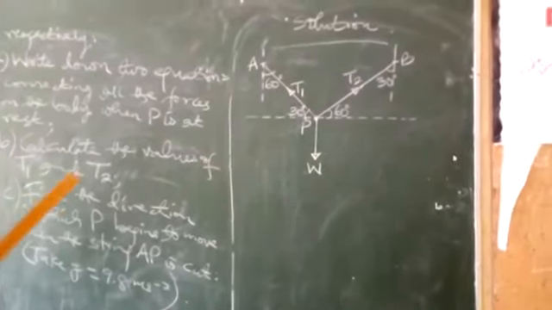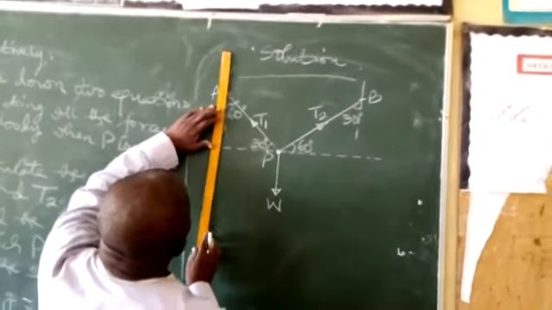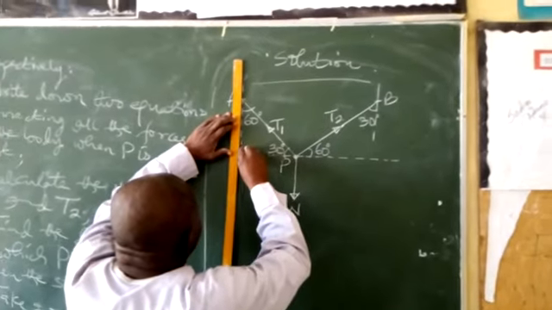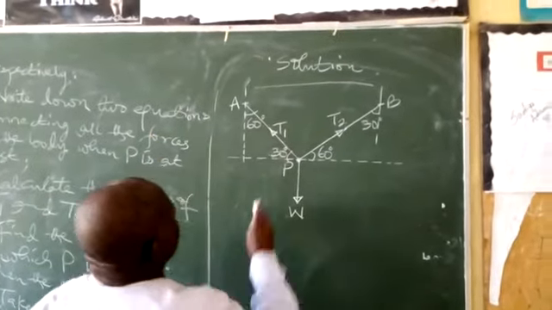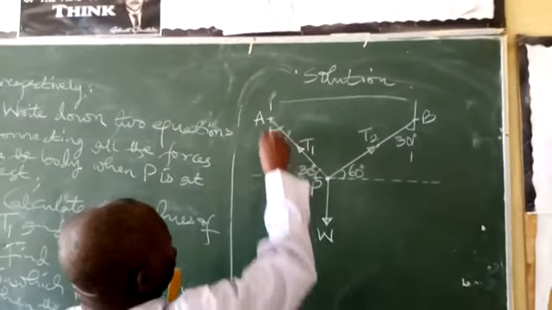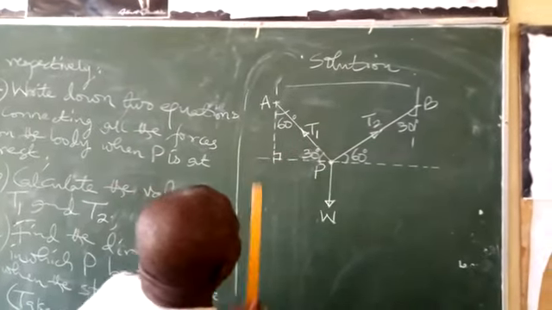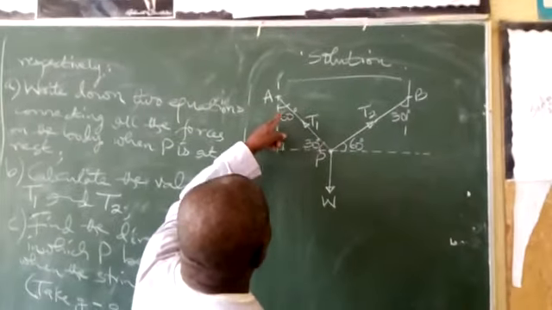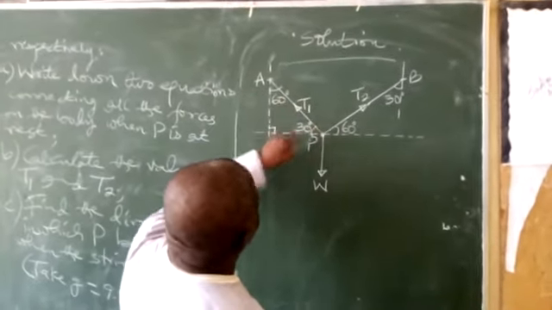If I extend this to meet the horizontal line, it will be at an angle of 90 degrees. So this is a right angle triangle. If this angle is 90 degrees, then the two remaining angles are complementary. If this is 60, this will be 30.